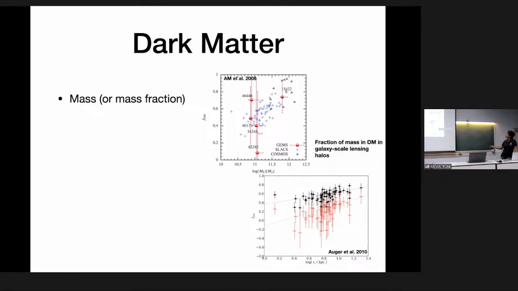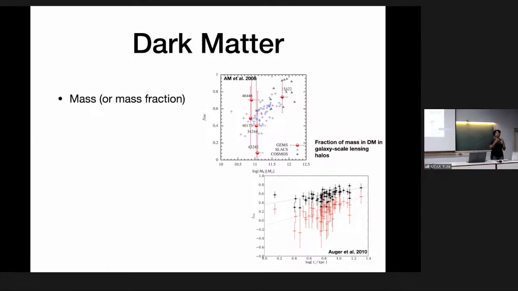What is shown here on the x-axis is the mass of the lens system, the Einstein mass based on the lensing, right? Going from lower masses to more massive systems, what you can measure is the fraction of dark matter in the system. If you imagine a galaxy, you have this dark matter halo around it, and then you have all the stars.